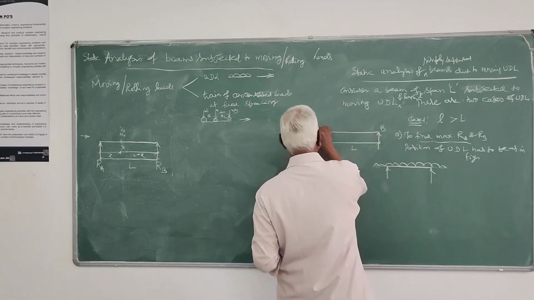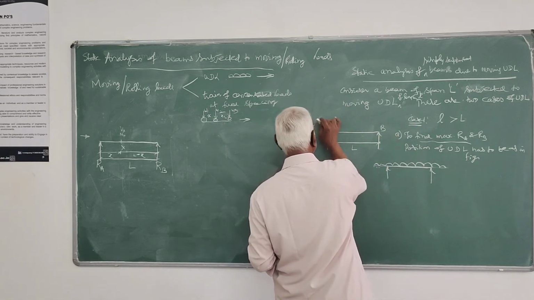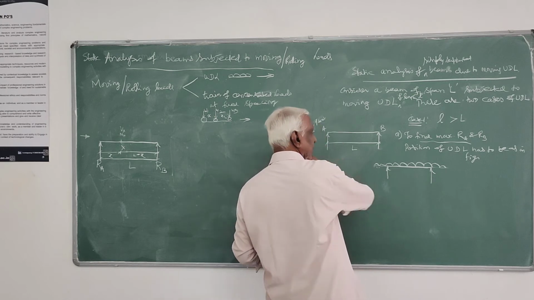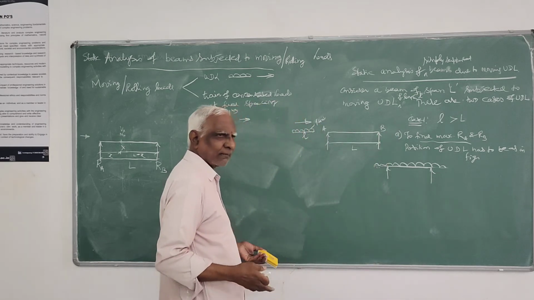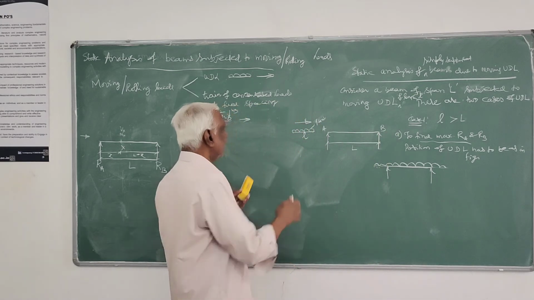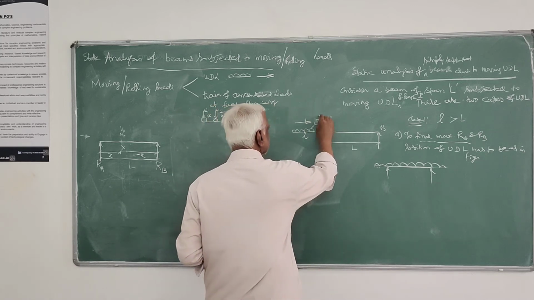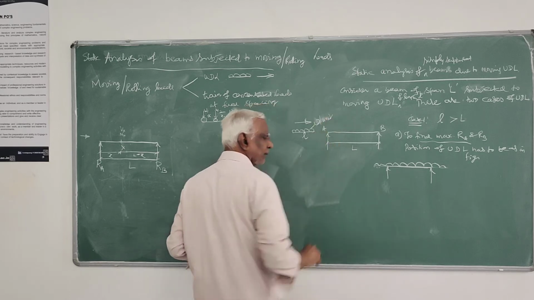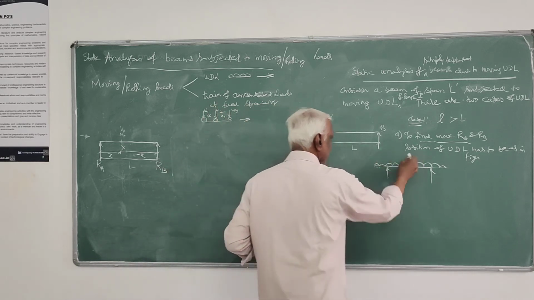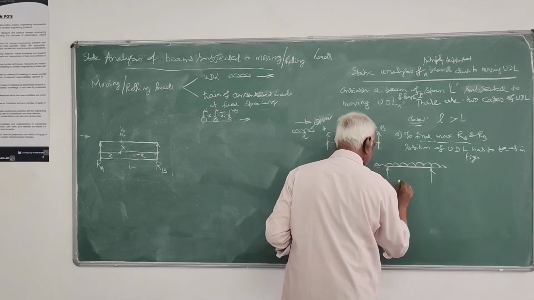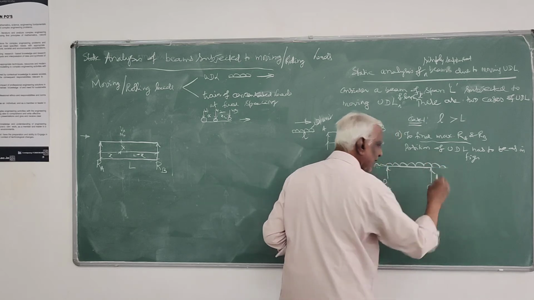So if w is the intensity, W per unit length, you have to evaluate RA and RB.